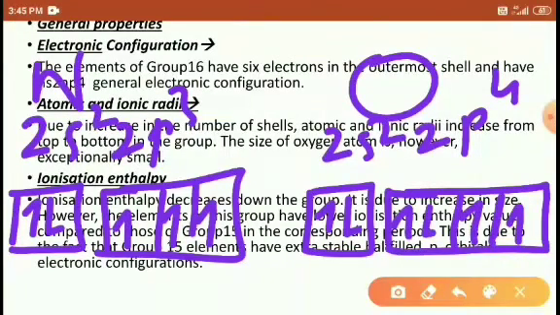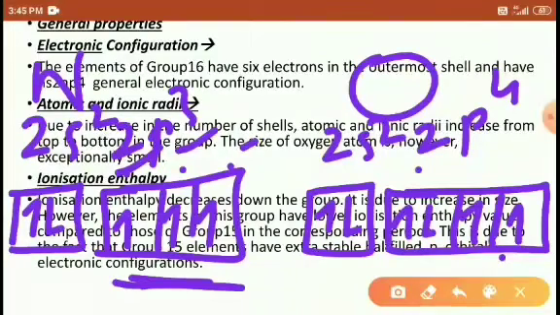Yes, students, so this is more stable because it is completely half-filled. The half-filled configuration is more stable as compared to this one. So the group 15 elements have the higher ionization enthalpy, because they are half-filled, with px, py, pz each holding one electron.